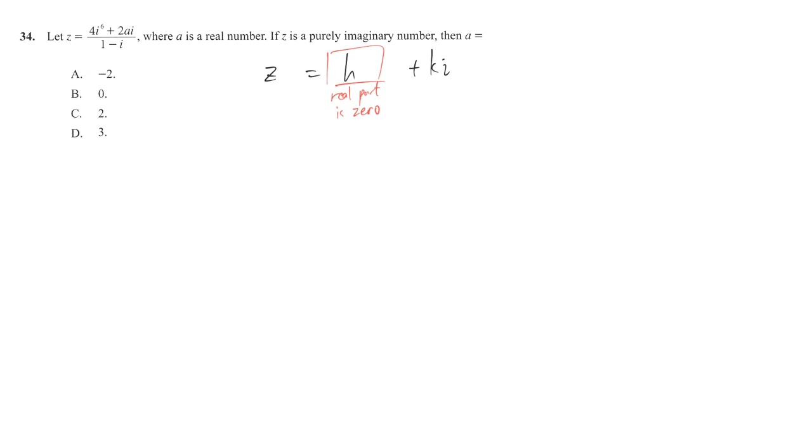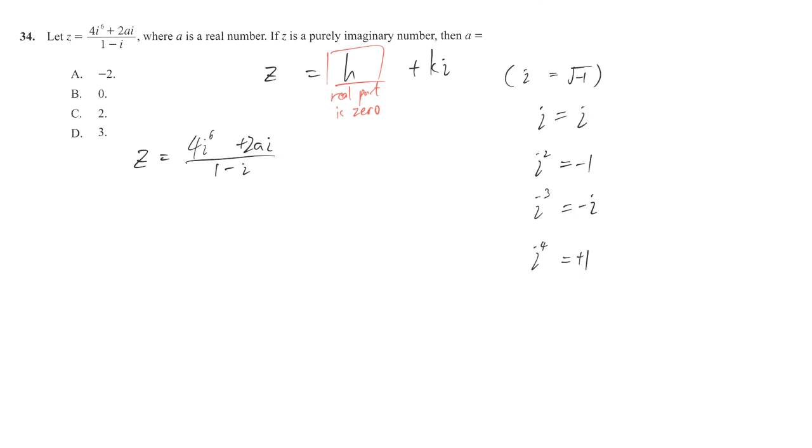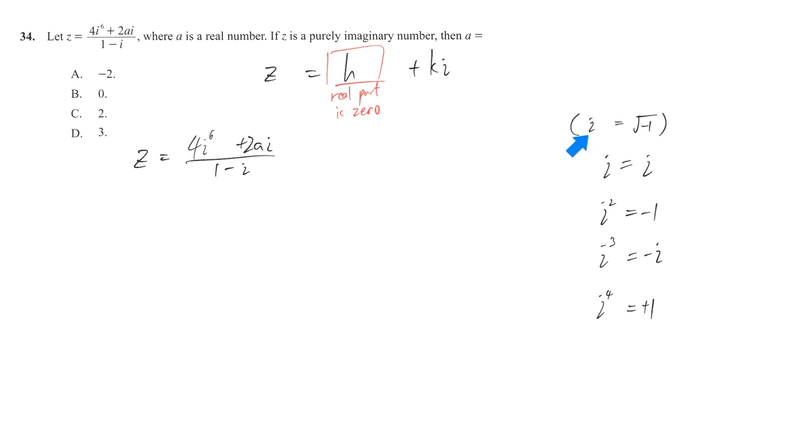So we write down Z is equal to 4i power 6 plus 2ai over 1 minus i. I power 6 we can reduce to a lower power by using the facts we know about i, the imaginary number. Every i power 4 is back to normal, giving you plus 1. So we try to isolate it.